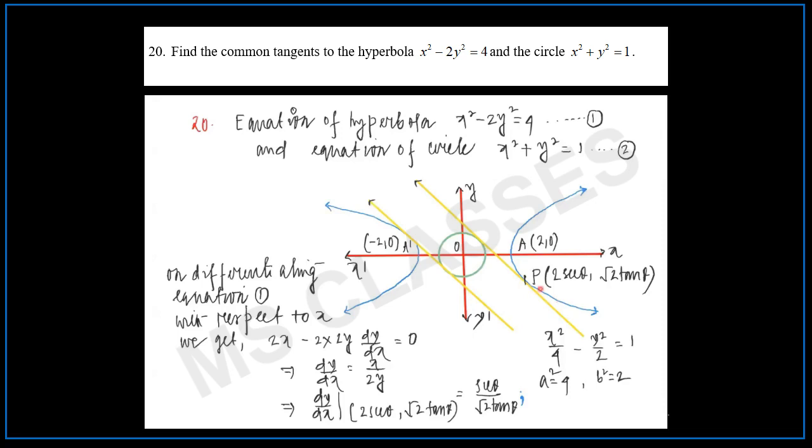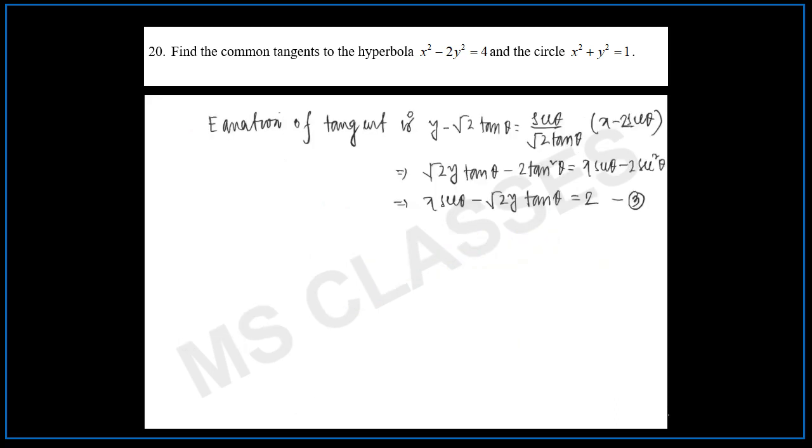Now, when this is the tangent, we know the distance of the tangent from the center of the circle is equal to the radius. Now we can utilize this concept. So the distance of the center of the circle from the tangent is equal to the radius.